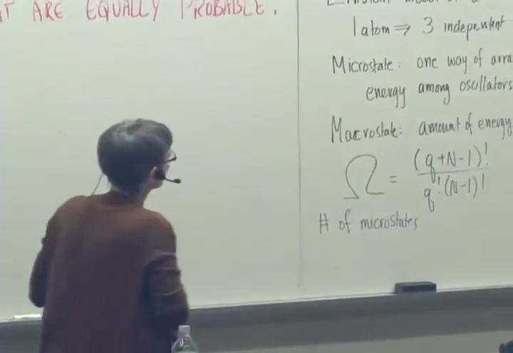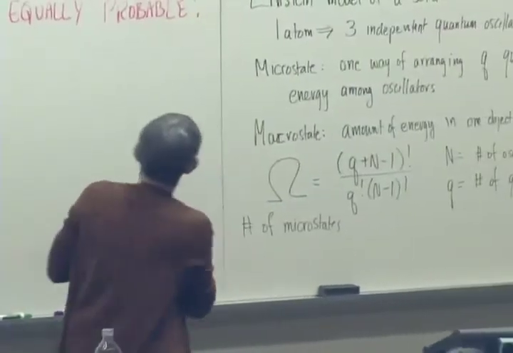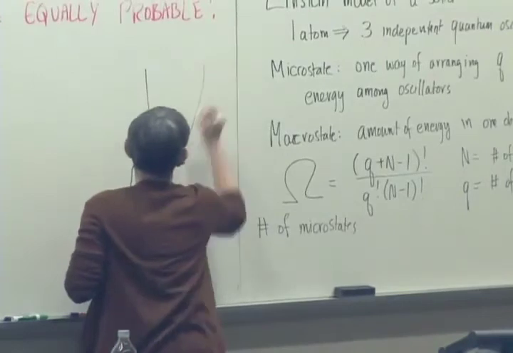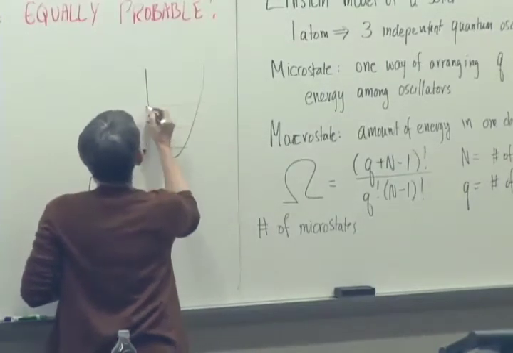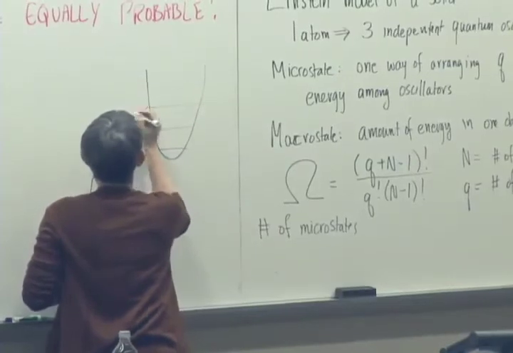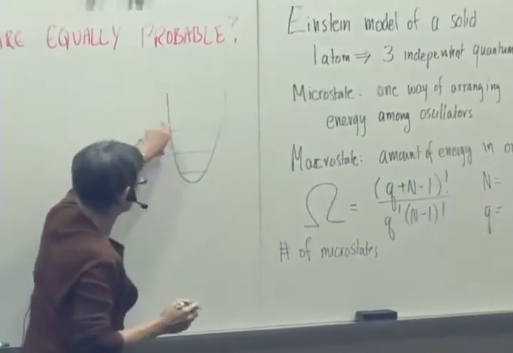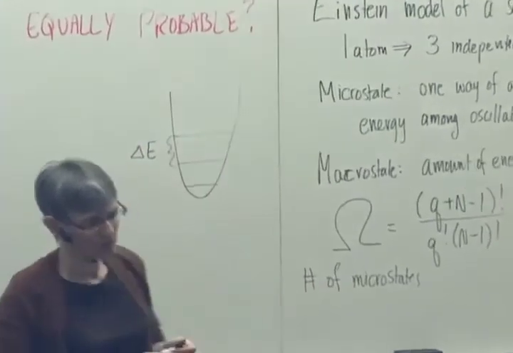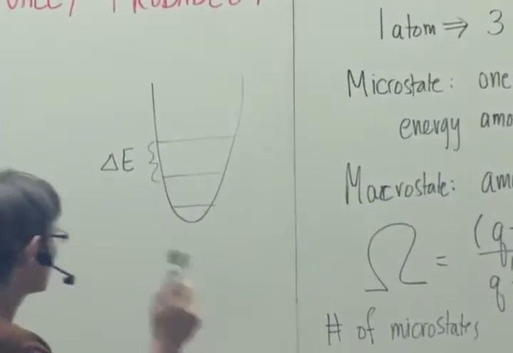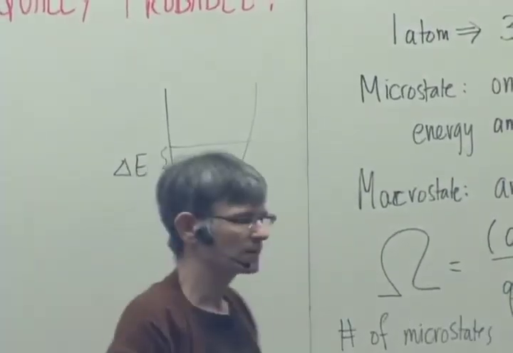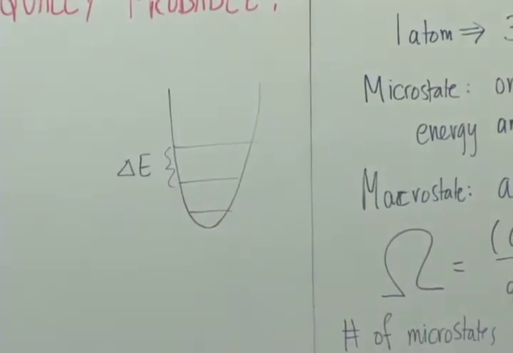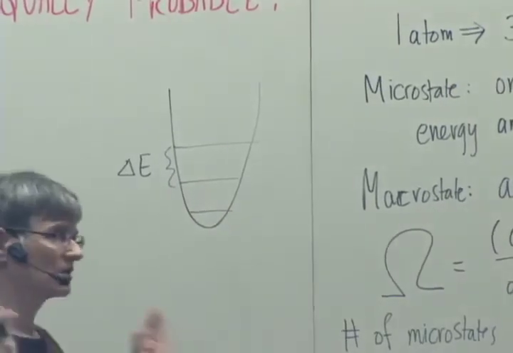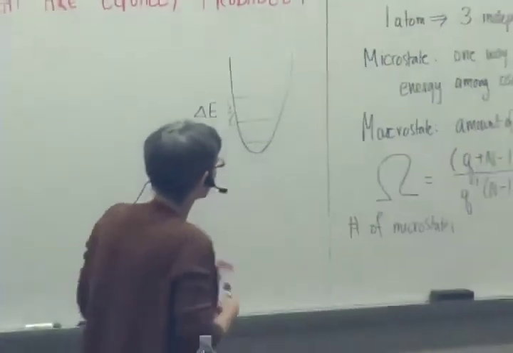So one quantum is the amount of energy, the energy difference, delta E, between two adjacent states for this quantum oscillator. So it's some number of joules, usually around a hundredth of an electron volt, which is about 1.6 times 10 to the minus 21 joules.